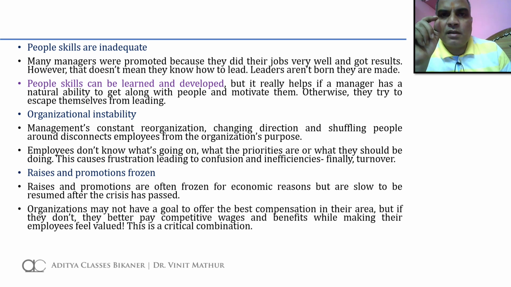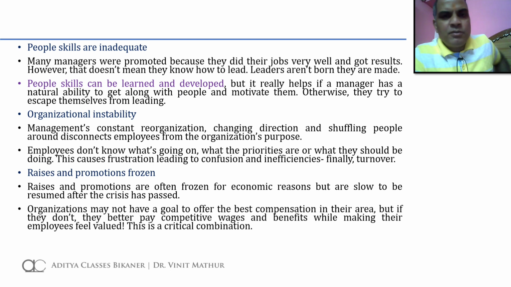Leaders must have leadership qualities, but there are no such alternatives. Mostly people are promoted on the basis of their job performance, the targets they achieved, these kinds of numbers, but leadership quality is not evaluated at the time of promotions.